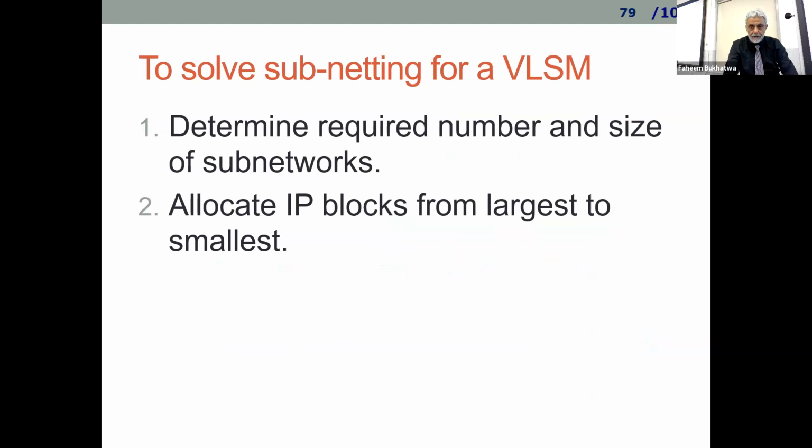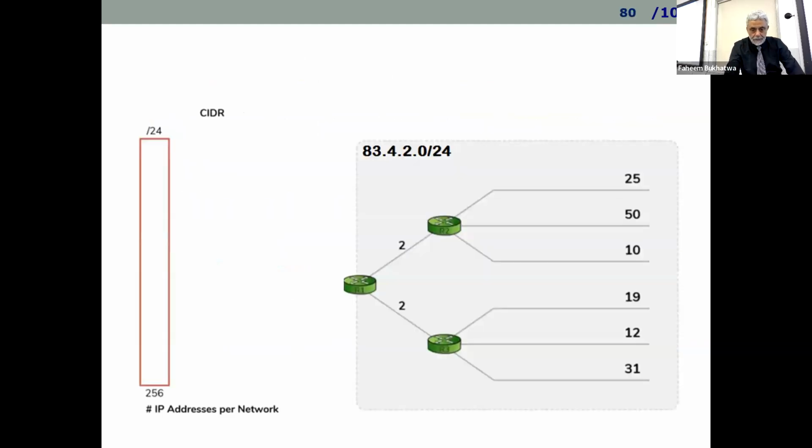Let's get an example to solve variable length subnetting. This is what you normally get either in a company or in an exam. You might be told, we need to split our company into the following subnets.